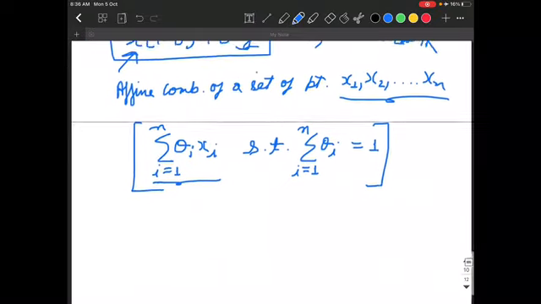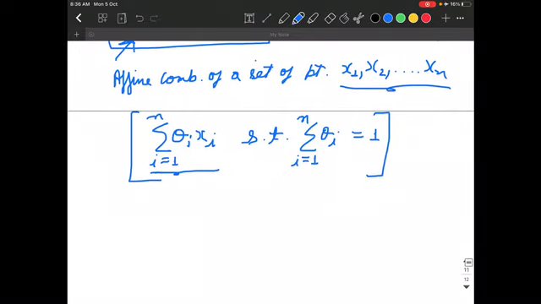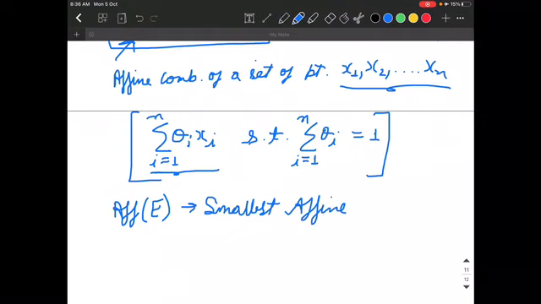And what is affine hull? Affine hull of set E is the smallest affine set that contains all the points of set E. Smallest affine set that contains E. So how do we get this?